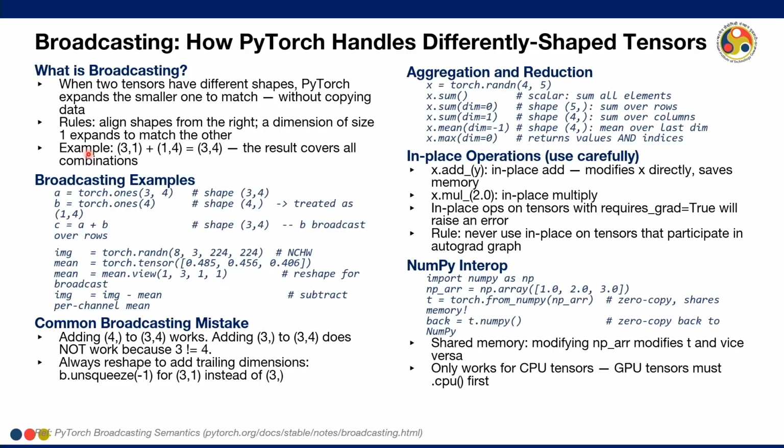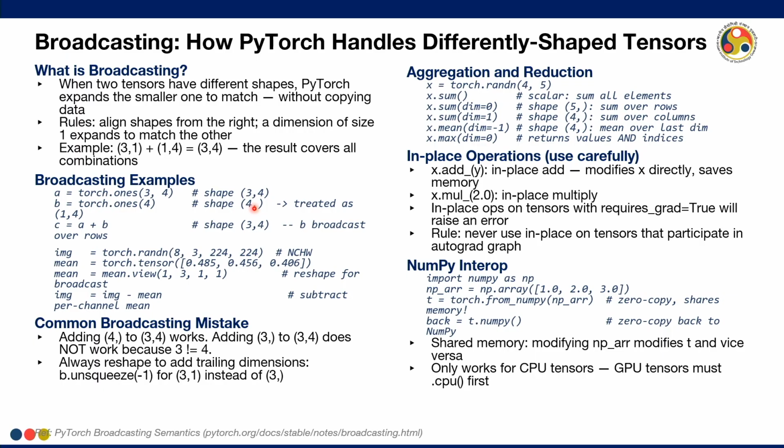Based on what is allowable and what is not, broadcasting is one such example where handling of differently shaped tensors happens, and essentially that will define the new shape of the tensor. So here you can see A is a tensor of shape 3 by 4, but B is a tensor with shape 4, right.